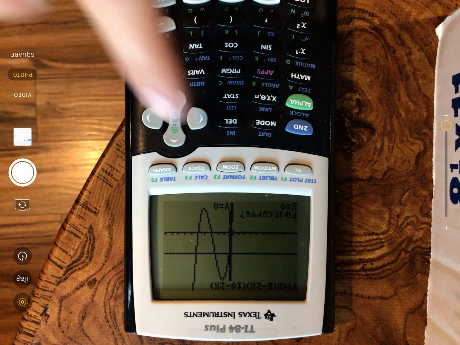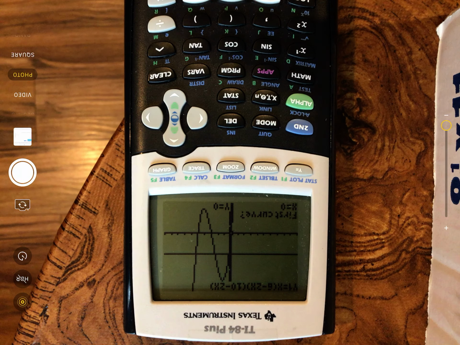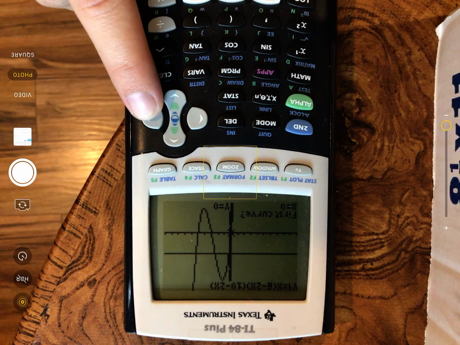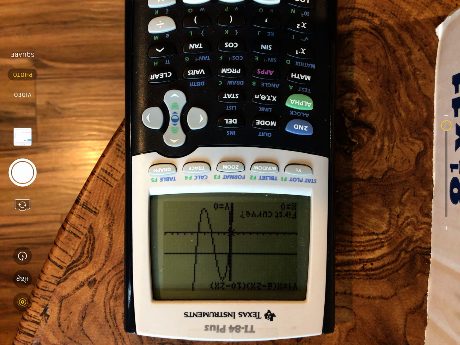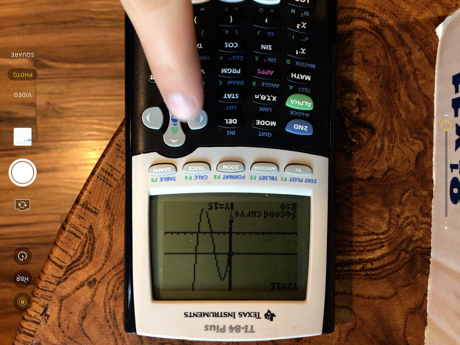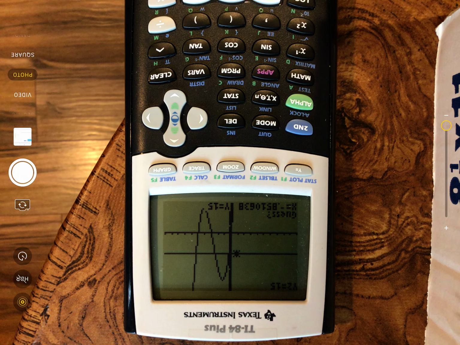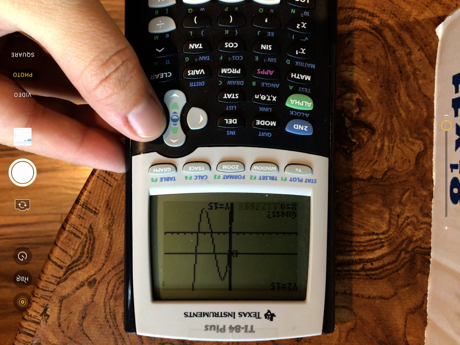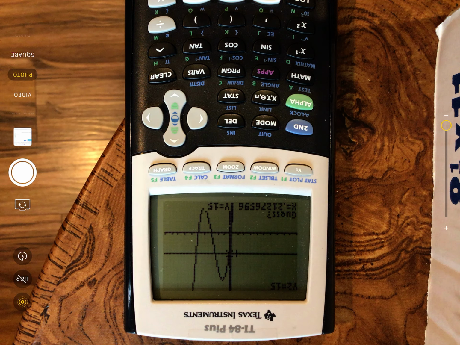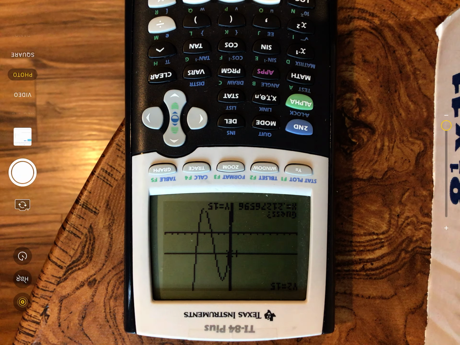So the first thing it asks for is the first curve. So it just wants me to pick out where is my first function. So right now I'm on my polynomial. That's fine. I'm going to hit enter. Second curve, I want to just make sure I'm on the other function, which is my line. So I'm going to hit enter. And then guess tells it where to look. So I'm looking for the intersection that's about right there. And I'm going to hit enter.